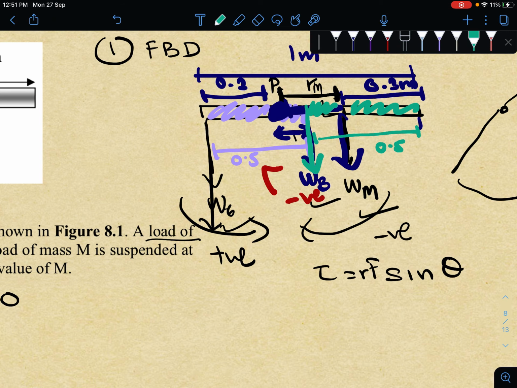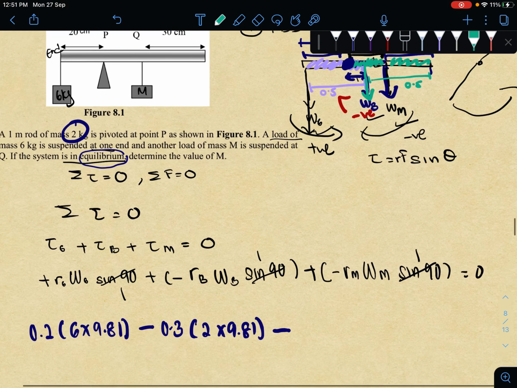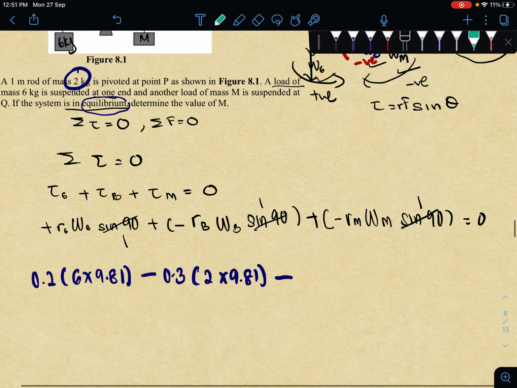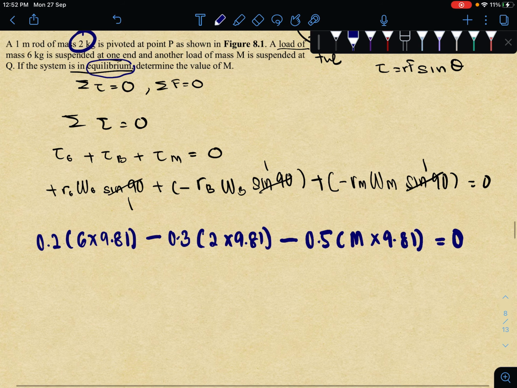Kalau ini 0.3, ini jadi 0.2. And then tadi kita dah tahu jarak dari sini ke sini adalah 0.3 juga. So 0.3 plus 0.2 kita dapat 0.5 dekat sini. So you will have 0.5 WM kamu, weight of the load M. Load M, mass dia yang kita nak cari M, darab dengan 9.81 samakan dengan 0.